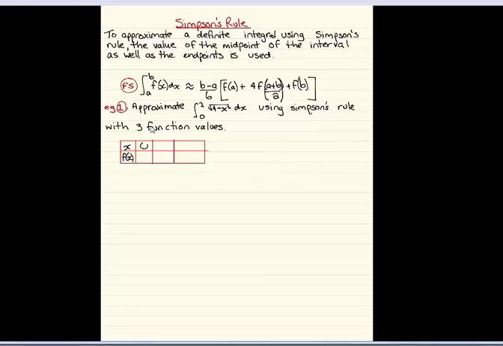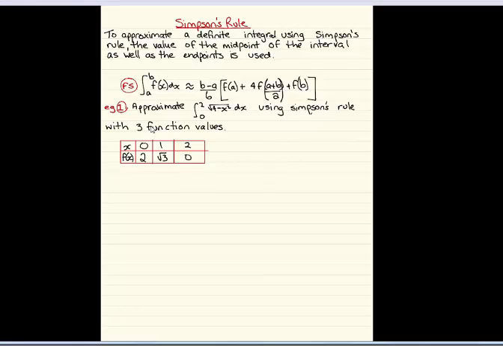Well, we're going from 0 to 2, which means the midpoint would be at 1. And what is f of x? So f of 0, you put 0 in there, 4 minus 0 squared, and then the square root, you get 2. You put x is equal to 1, 4 minus 1 squared, and take the square root, you get root 3. And then if you put in 2, 4 minus 2 squared, you end up with 0.